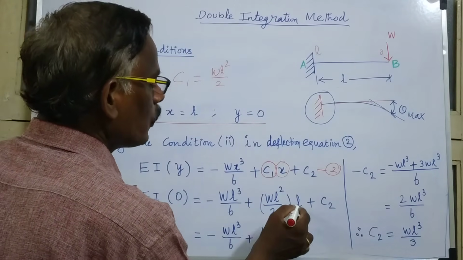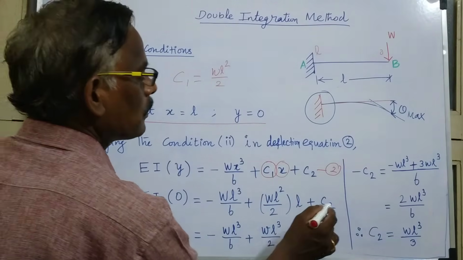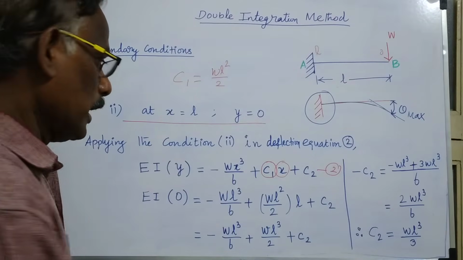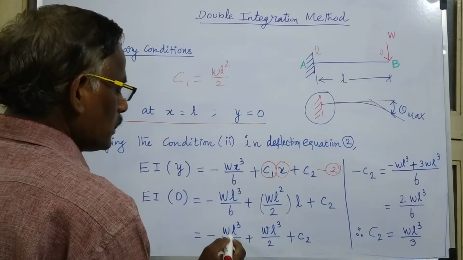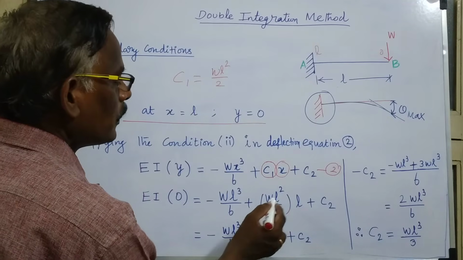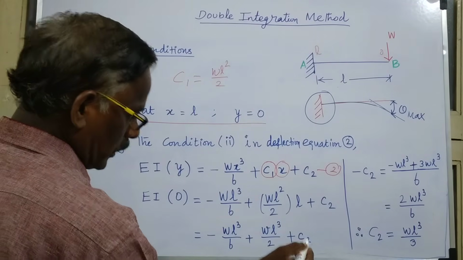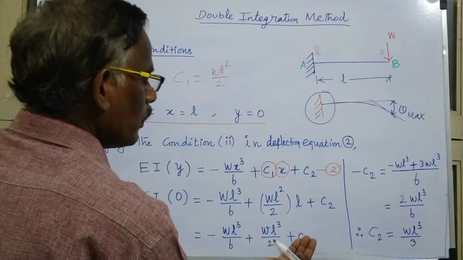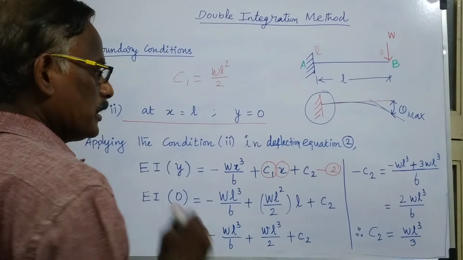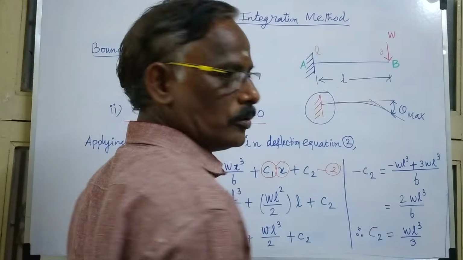Instead of x, we put L, plus the constant term c2. So minus wL cube by 6, wL squared into L, wL cube by 2 plus C2. Bringing this C2 to the left-hand side, that is minus C2.